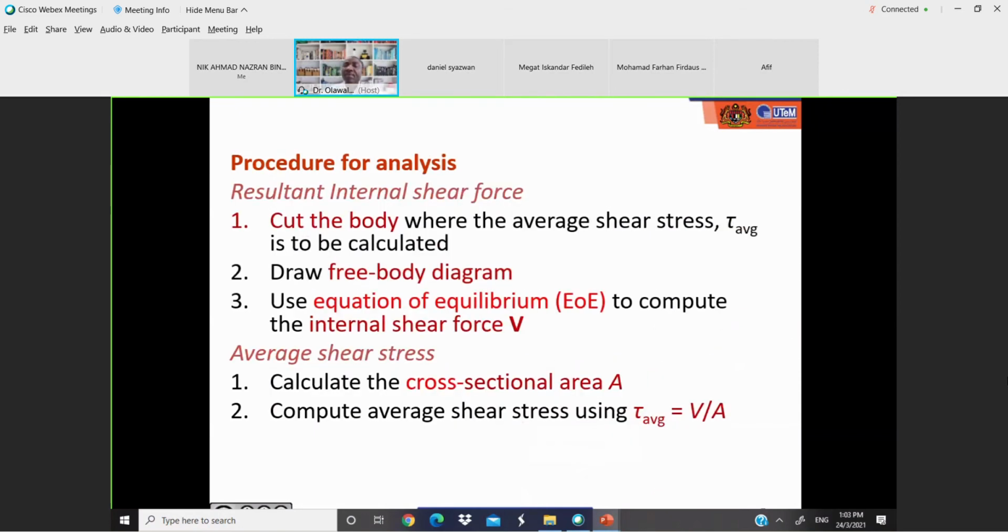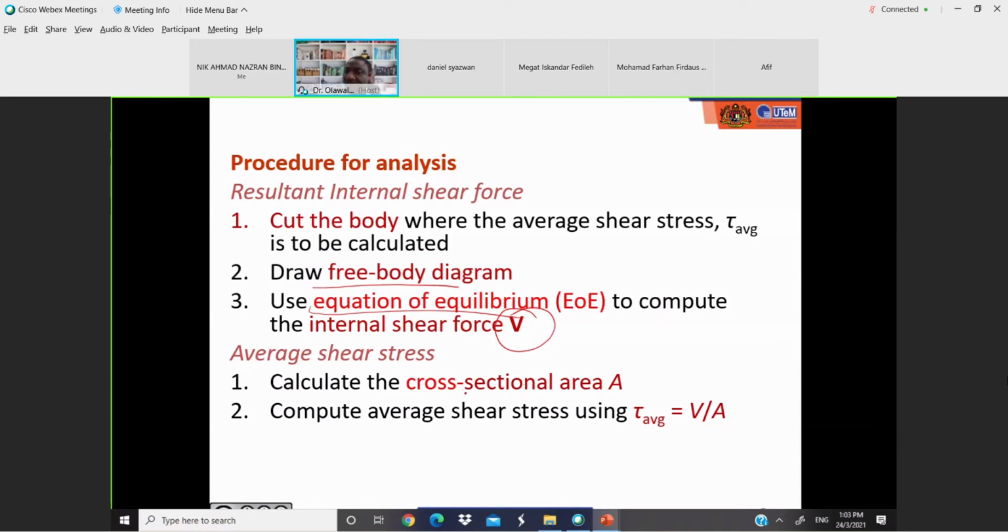Thank you. Now, just a quick one, procedure for analysis for shear stress. Again, this is similar to what you did for normal stress. You cut at the point of interest, draw your free body diagram, use equation of equilibrium to determine your shear force.